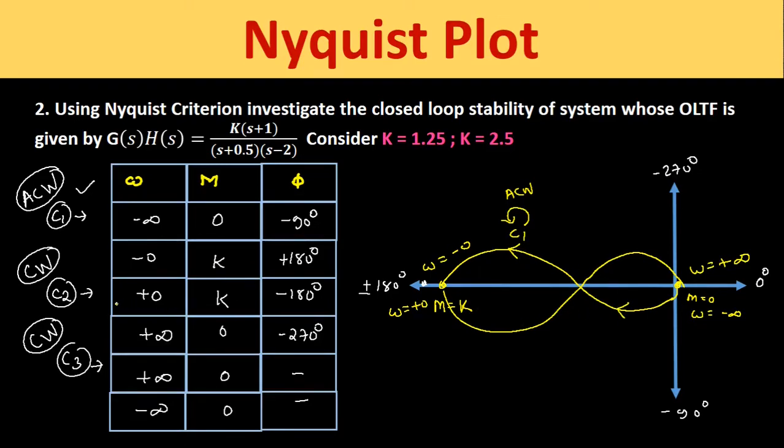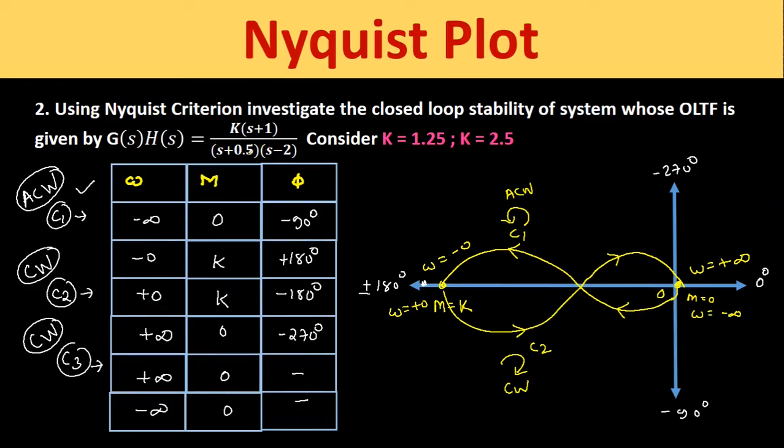Now for the C2 section, the plot will rotate in the clockwise direction. This is our clockwise direction. So this C2 section plot will rotate in the clockwise direction like this. Now third section is represented by a point at origin, means this point O is our representation of the C3 section. Now this is the actual Nyquist plot.